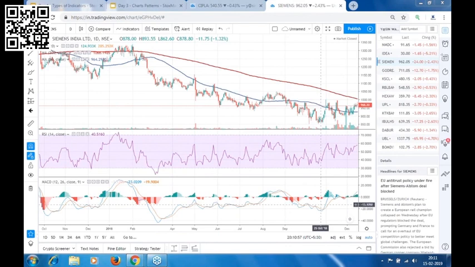Again, is there an issue with the video? Anil is saying no. Vijay is also saying no. Can you see my mouse moving or the chart moving?